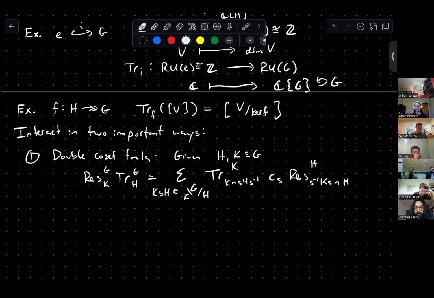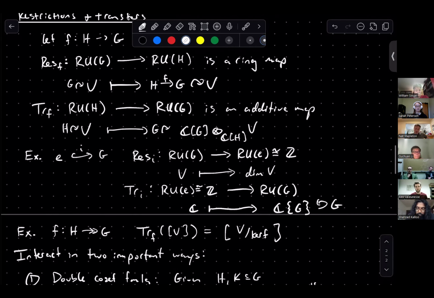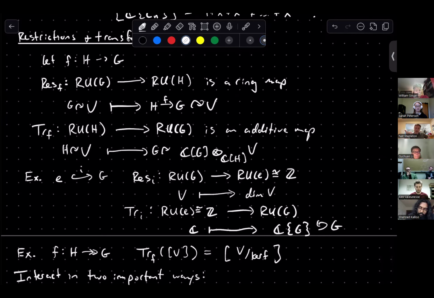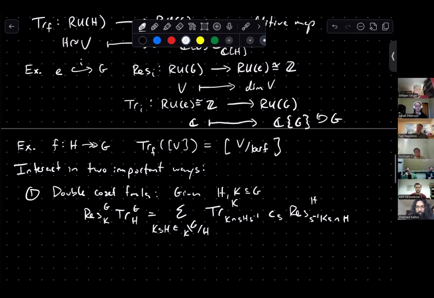Okay. And now I've told you the definition of a global Mackey functor. So a global Mackey functor is a way of associating abelian groups to finite groups so that you have restriction maps, you have transfer maps along injections, and the restriction and transfer maps satisfy the double coset formula, which I've written here.